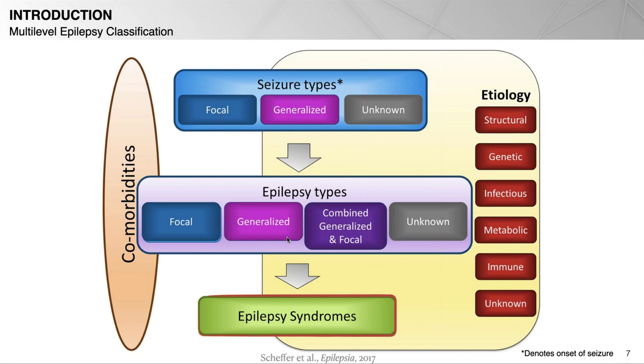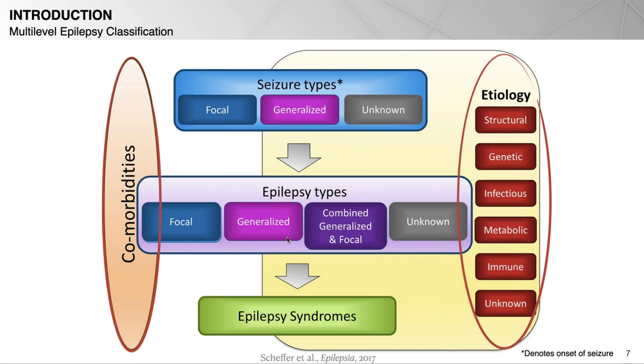The third level corresponds to the epilepsy syndromes diagnosis, which refers to a cluster of features incorporating seizure type, EEG, and imaging features that tend to occur all together. The classification also informs the associated etiology and the risk of comorbidities.